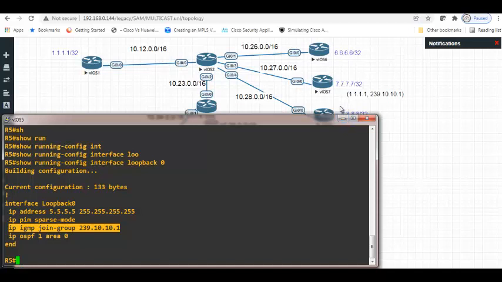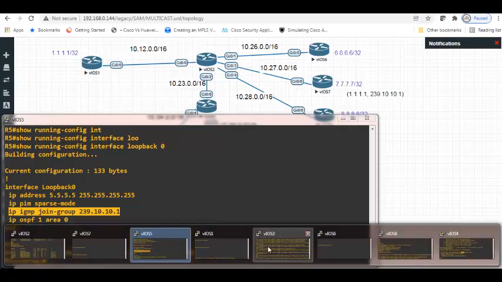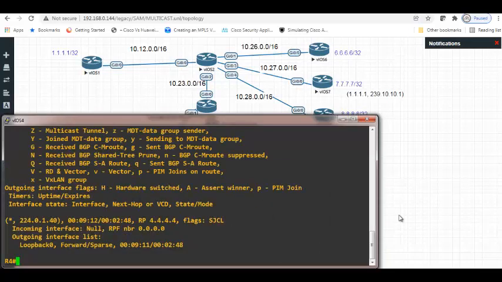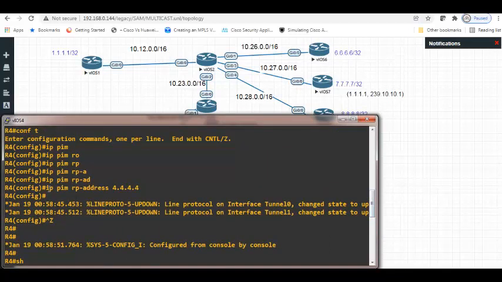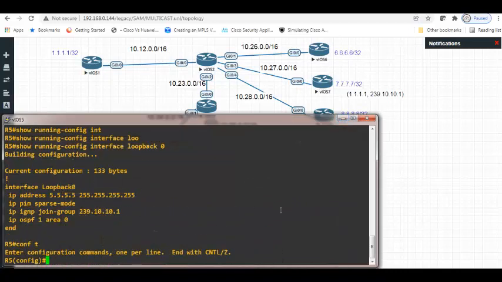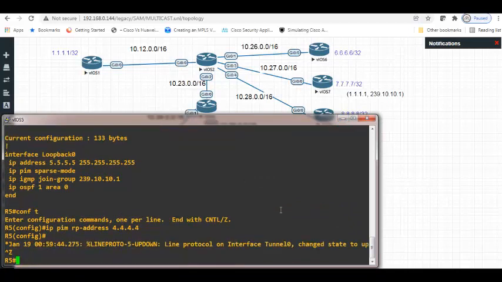So let us inform R5 that RP is router 4. It's the same command, you see, the same command that I used in R4, ip pim rp-address. So there is no command difference. On RP you put the same command, on other routers also you put the same command, same IP. Now R5 knows who is RP.